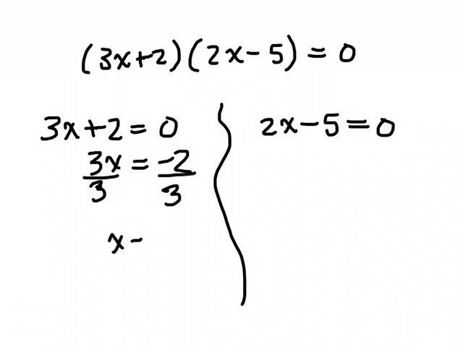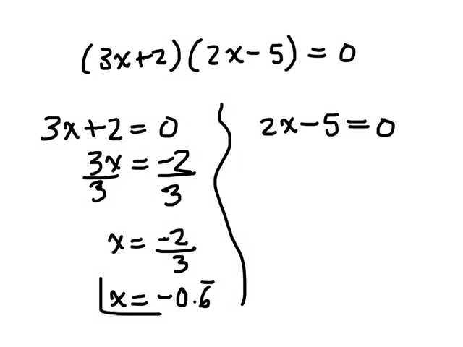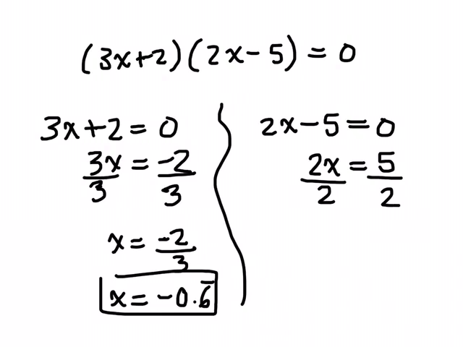So x is equal to negative 2 over 3. What is that as a decimal? Negative 0.6 repeating. And if 2x minus 5 equals 0, 2x equals positive 5, divide both sides by 2, so x equals 5 over 2, or as a decimal that would be 2.5.